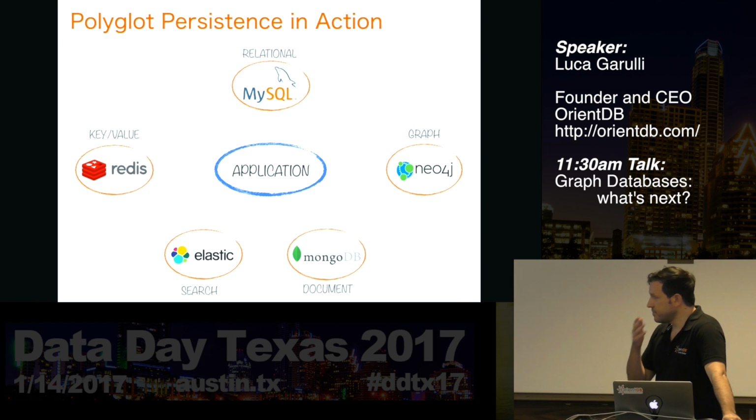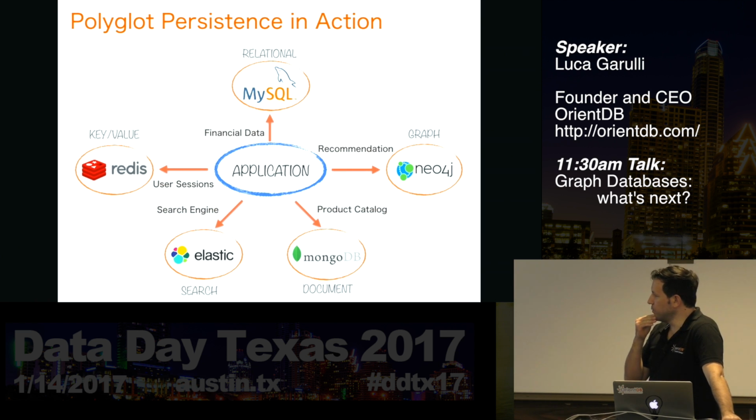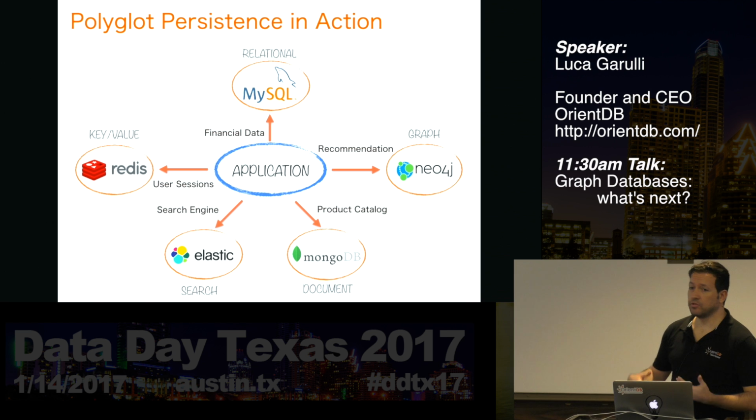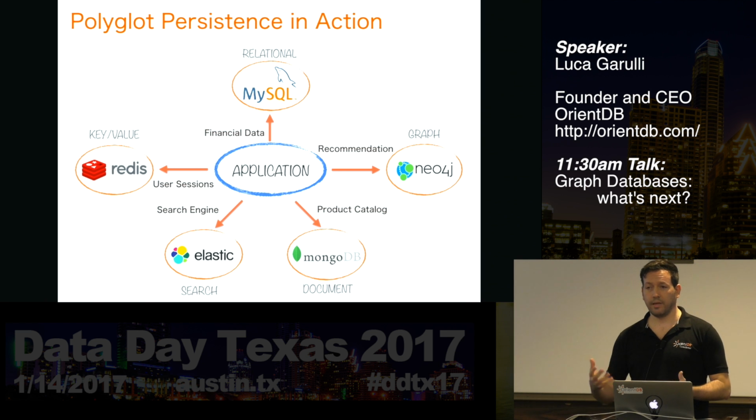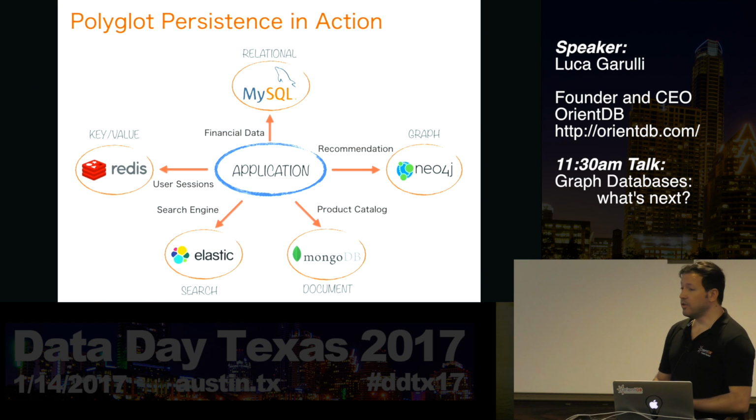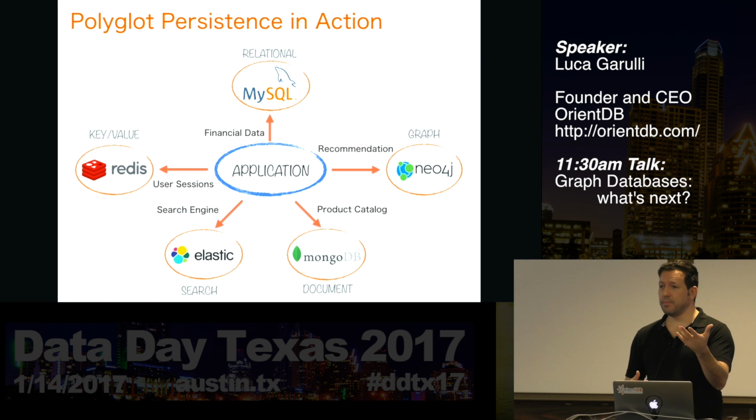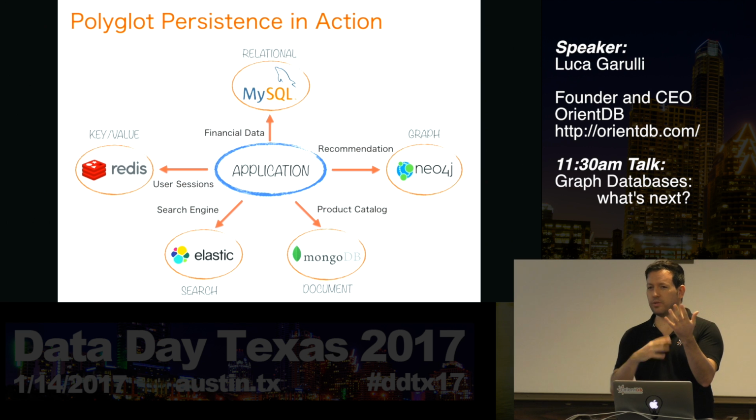Because of the complexity. Polyglot persistence was awesome in 2009. We can use the best database for your use case. But when you have a complex application like booking.com, a booking application, you need maybe to store transactions, so you want a relational database because it's able to store transactions. But when you present your hotel, maybe you want to tell the user, oh, if you like this, you can also like this.